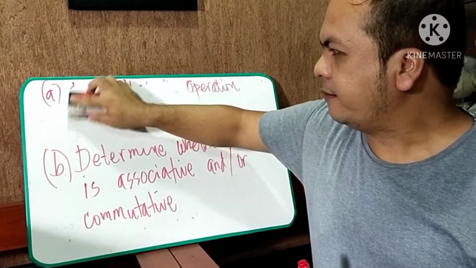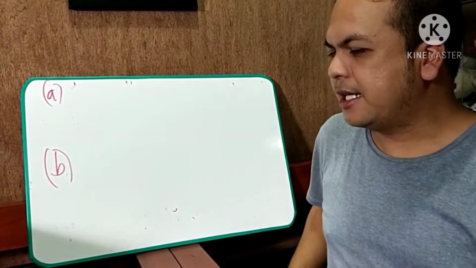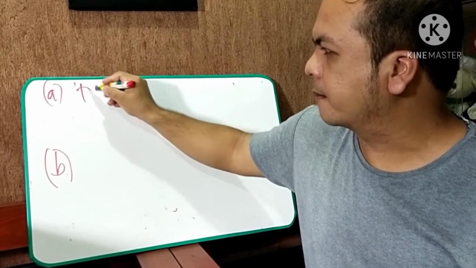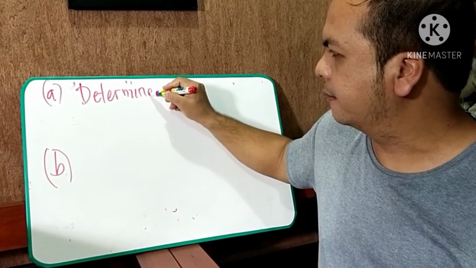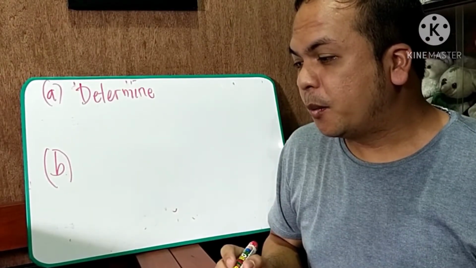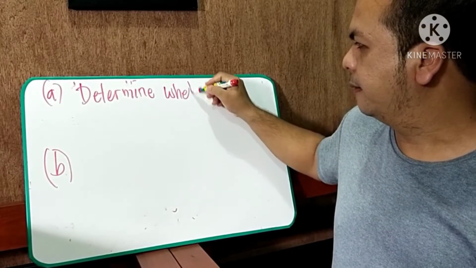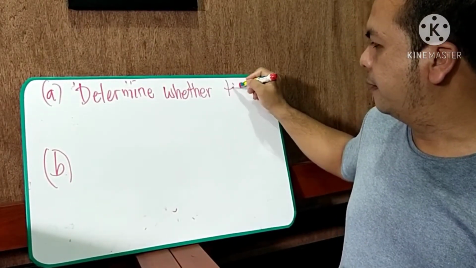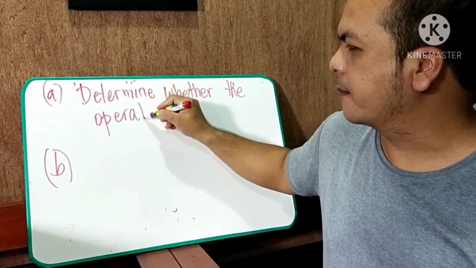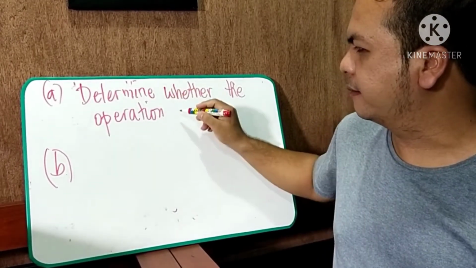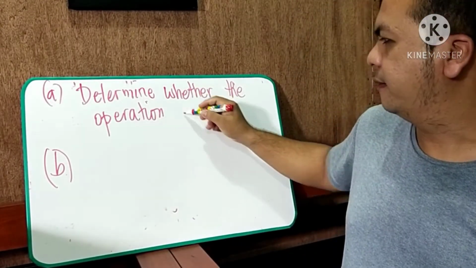Okay. Third is determine whether the operation is or has identities.